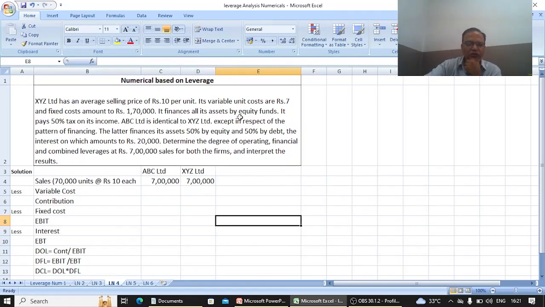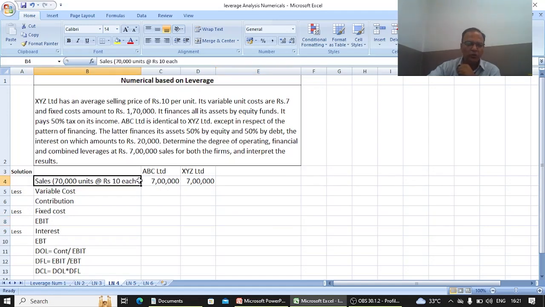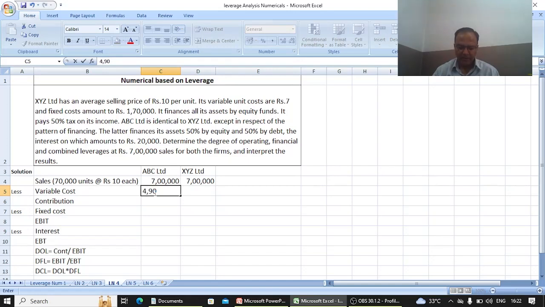Now variable cost, it is given that variable cost is rupees 7 per unit. It means 70,000 into 7. It will be 4 lakh 90,000. Same here.